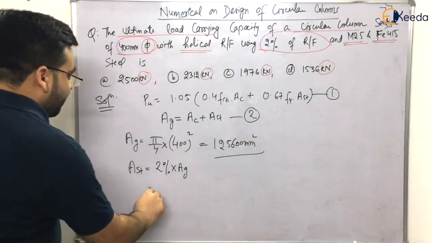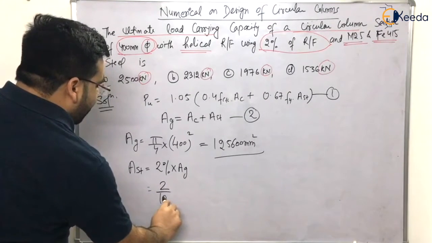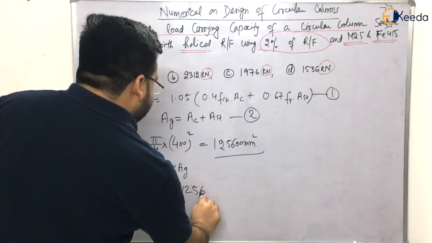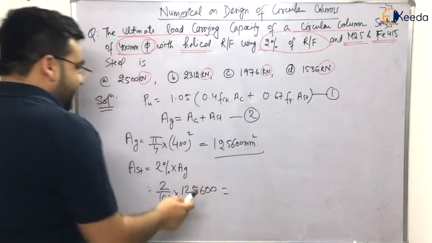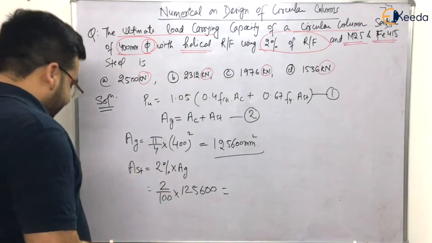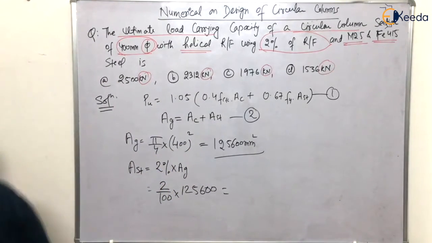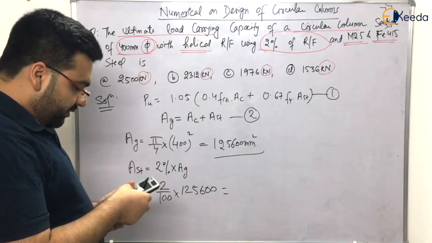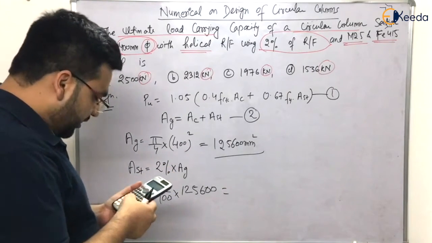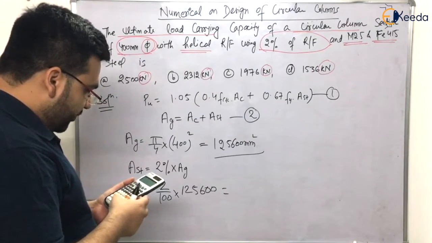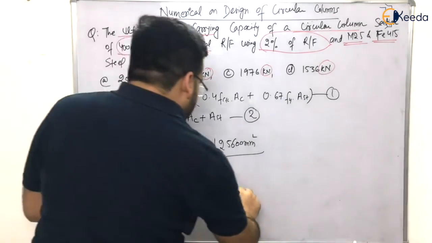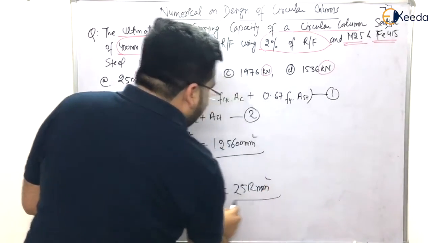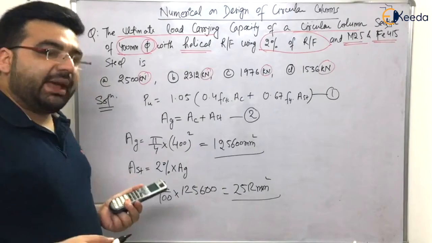So it will be 2 divided by 100 times 125600. Let me multiply this with 0.02. It comes out to be 2512 mm square, the area of steel.